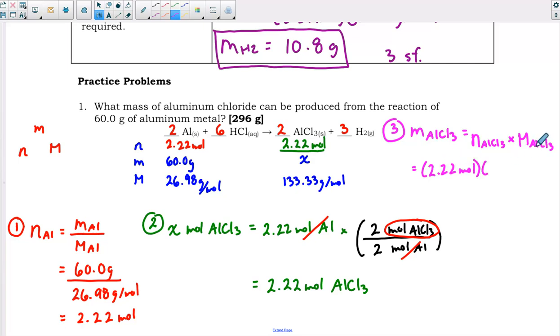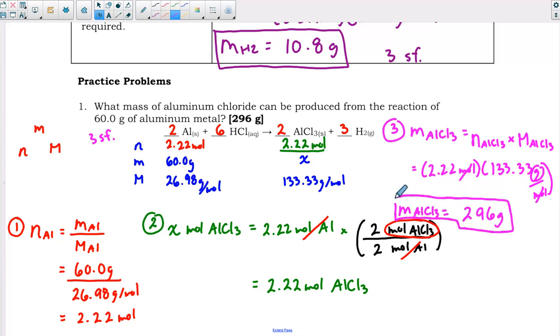Again, the molar mass of 1 aluminum, 3 chlorine, we get 133.33 grams per mole. Showing our units, we know the mole and mole will cancel, and we're left with our grams. Excellent. Rounding this, as you can see, to 3 significant figures, you are going to get the mass of 296 grams. So we can sort of just finish off our final answer, putting our variable back, putting a nice rectangle around this so the answer is nice and clear. And again, we have this to 3 significant figures.